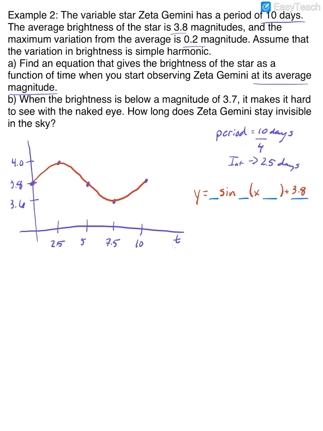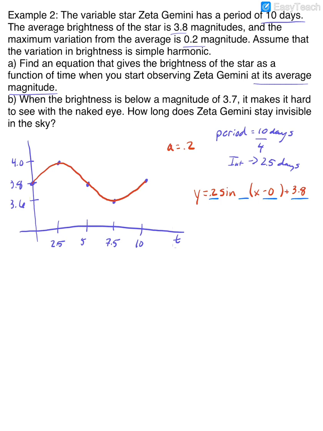Maximum variation would be considered your A value, so that is what's multiplied by the sine. You're starting at 0 for 3.8. You're not starting at like 2.5 for this, unless you were looking at cosine, which you very much could. It just said find an equation, so it's still describing the same line. But here I'm going to use sine, so I'm starting at 3.8, which is 0 days. So I would have no phase shift.